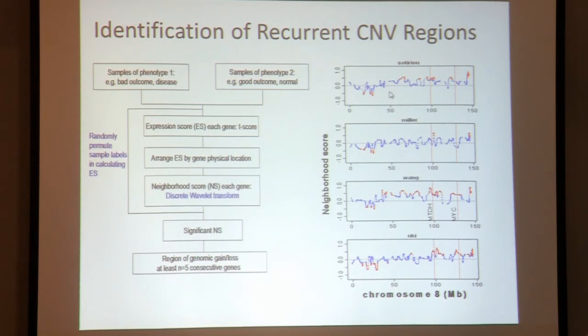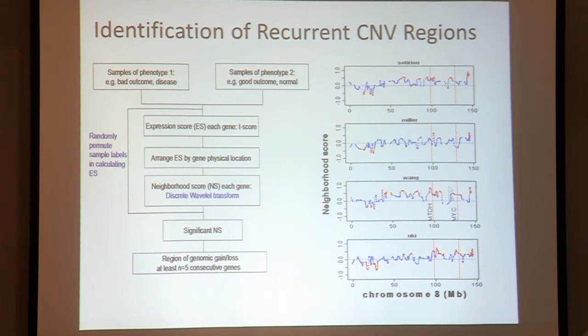You compare the two groups of samples for each gene, and then you derive the T statistic. Then you use the wavelet transform to smooth this T statistic profile, and then we identify those regions that are amplified or deleted.